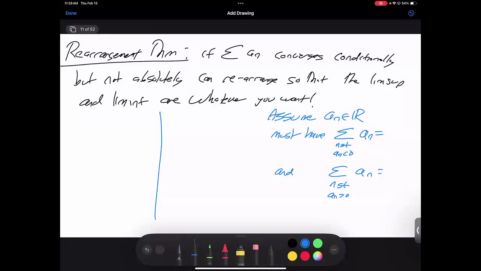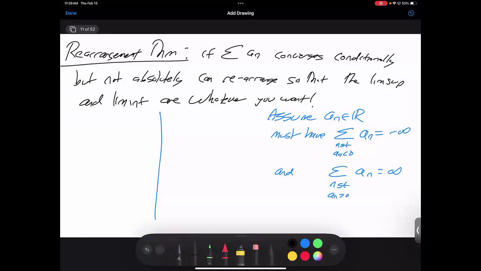Is it possible that just one is infinite and one is finite? Why not? Otherwise, it won't converge conditionally. So I know the first one has to be negative infinity, and the second has to be positive infinity.